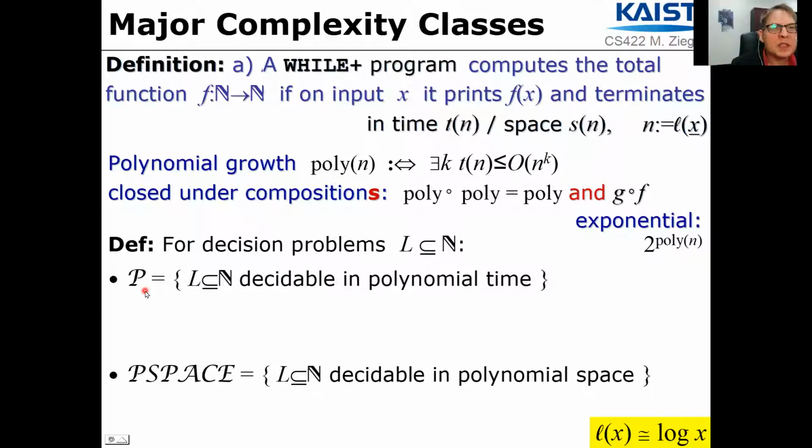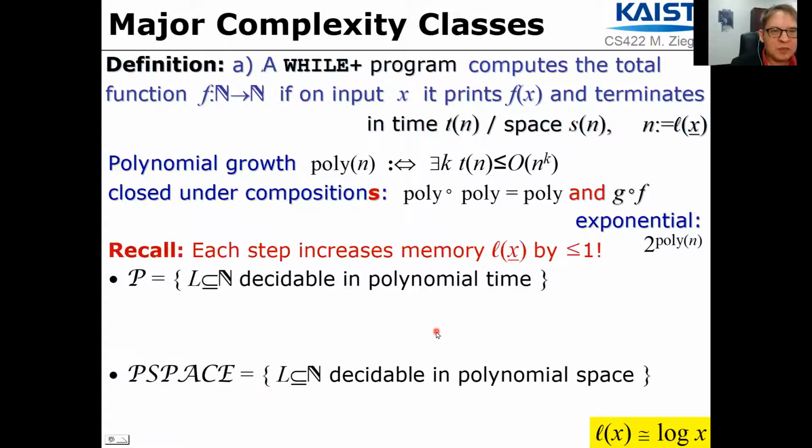And since we saw and argued that any while plus program making a polynomial number of steps will use at most polynomial amount of memory, as we proved by induction, it follows that P is a subclass of PSPACE.